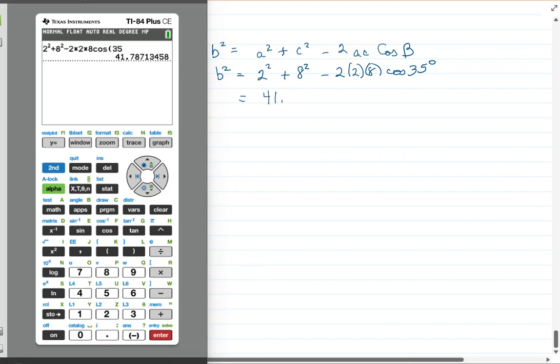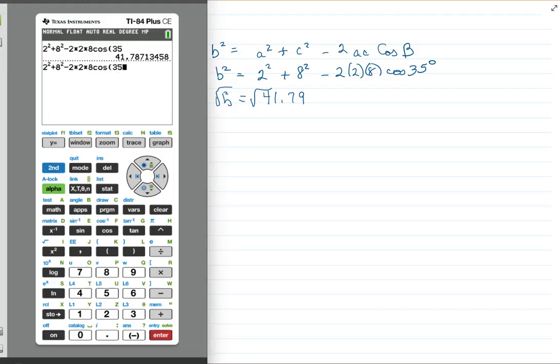And now we're going to take the square root. I'm sorry, I didn't do the square root on it. Second square root, second answer. Let me just put it in. Sorry about that.